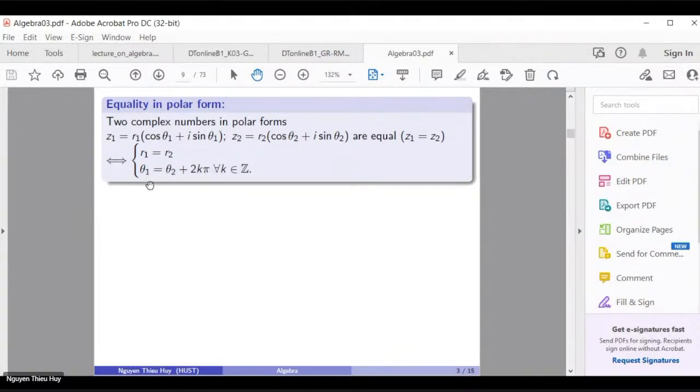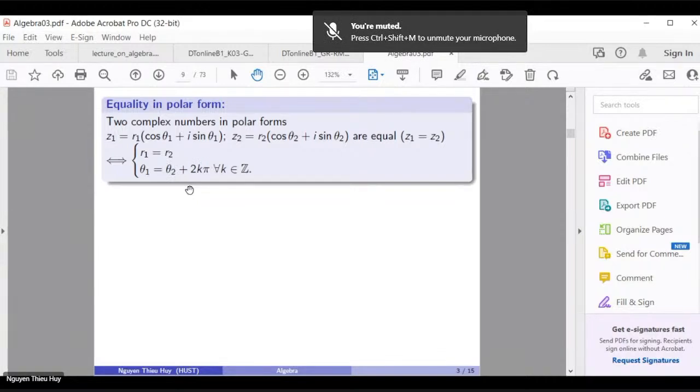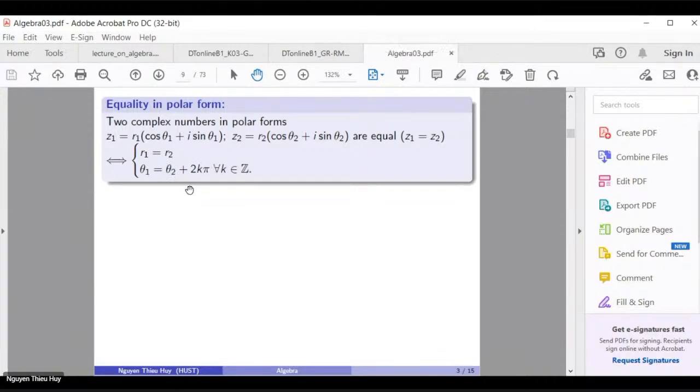So theta 1 may be taken as any of those angles if we consider the argument on the whole line R, and this is the way to compare. So the modulus should be the same because this is the length of OM. But the arguments may differ by an integer multiple of 2 pi, which means 2k pi where k is an integer.